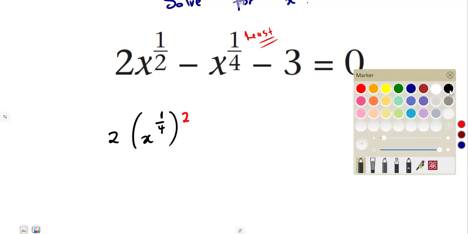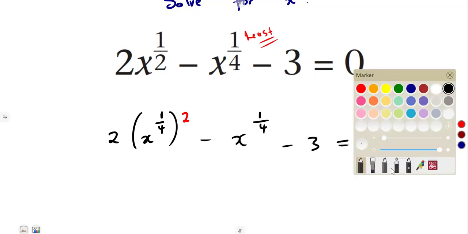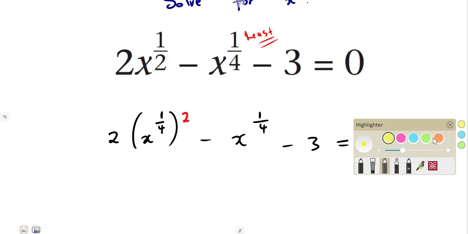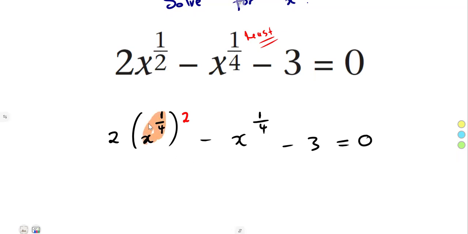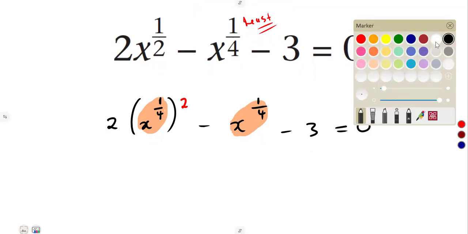So meaning to say we are going to have 2x to the exponent of 1 over 4, squared, minus x to the exponent of 1 over 4, minus 3, equal to 0. Since this is a common term, let us write this in terms of k. This is just a repetition of questions. You just have to work out as many as you can.